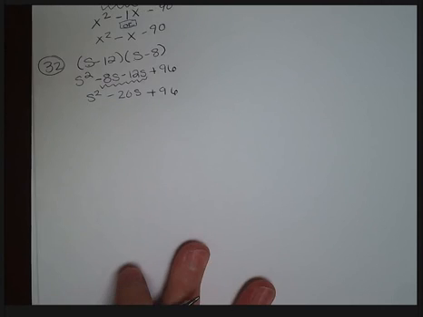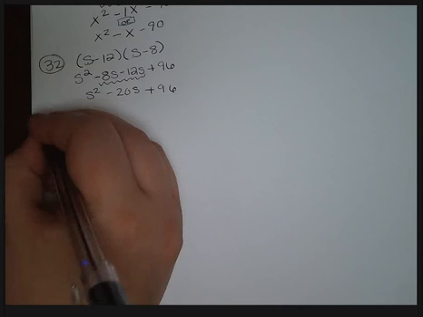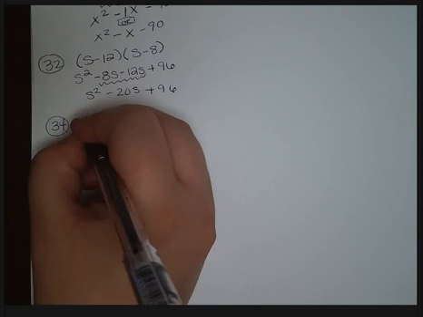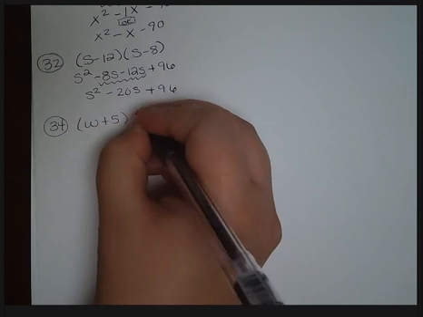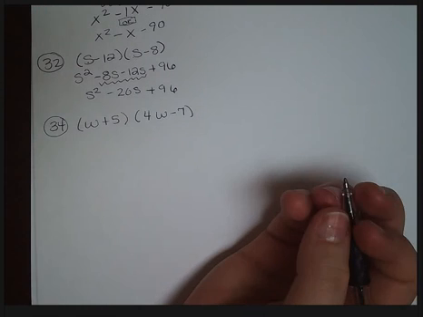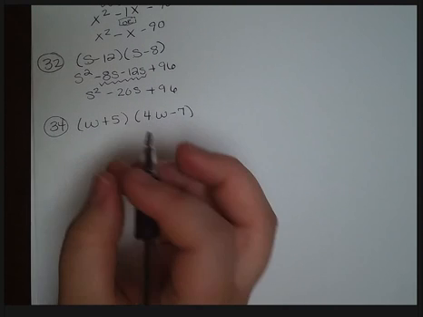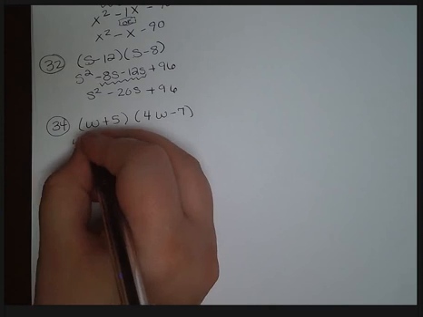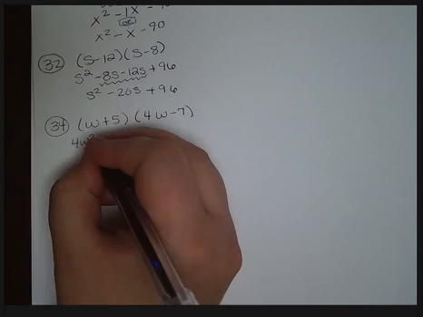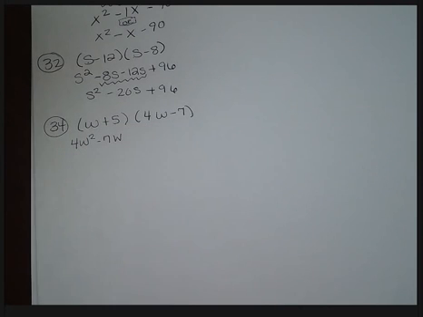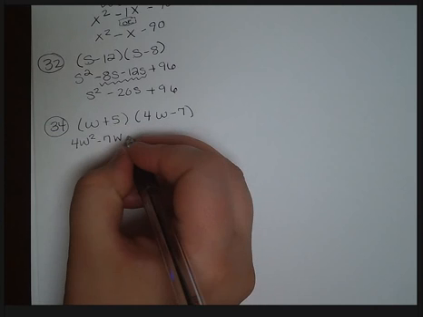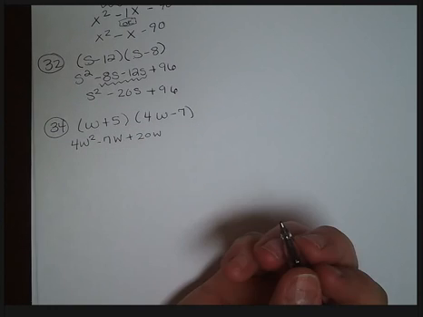Okay, let's look at problem number 34. We have w plus 5 times 4w minus 7. So w times 4w is 4w squared. W times negative 7 is negative 7w. 5 times 4w is 20w.